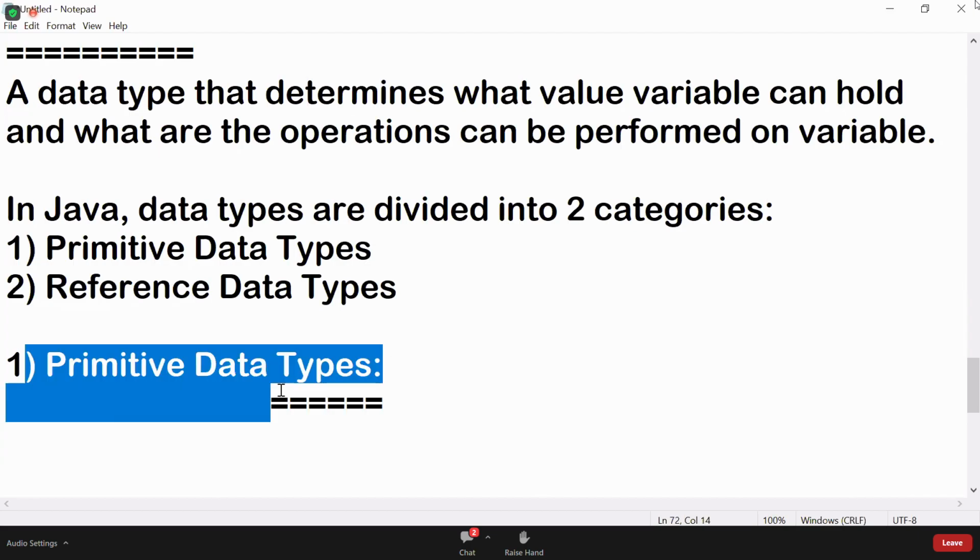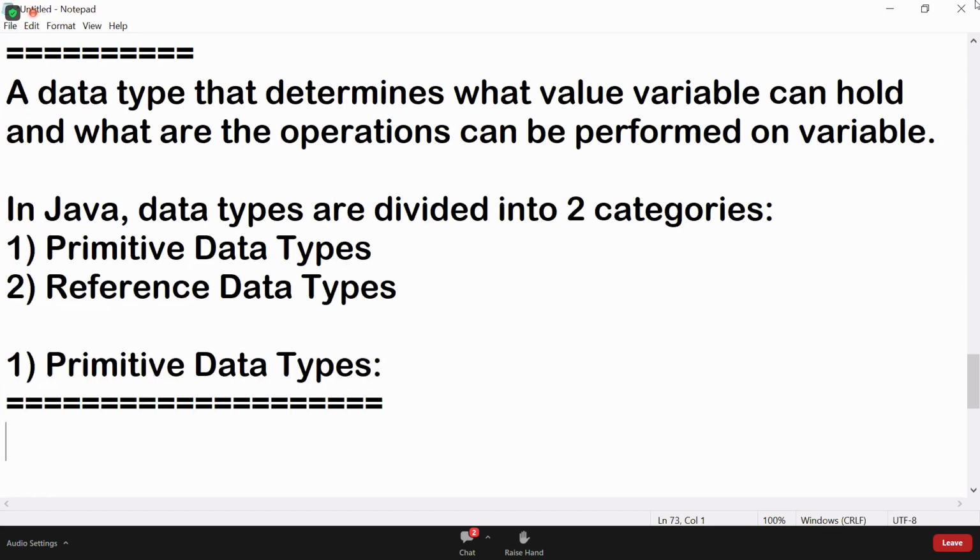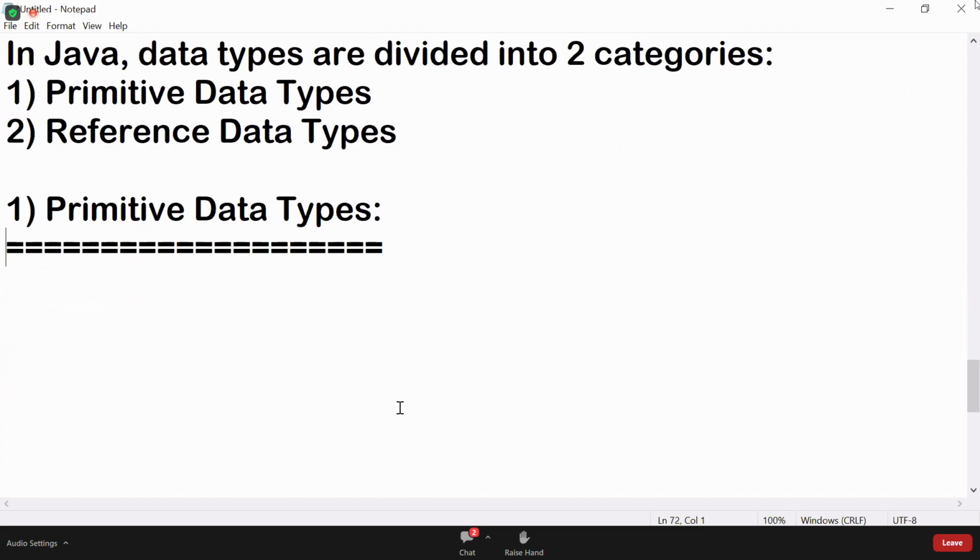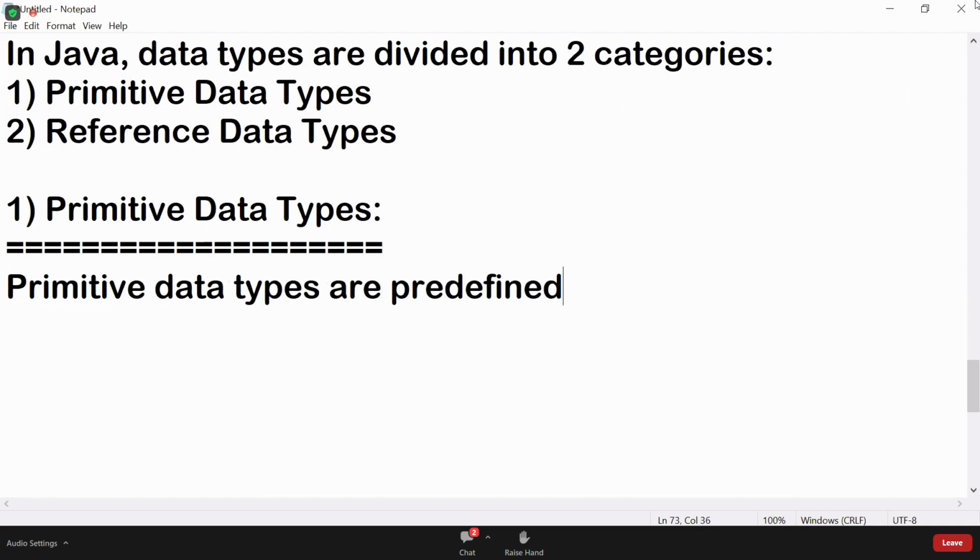Primitive data types. Primitive data types are predefined data types.